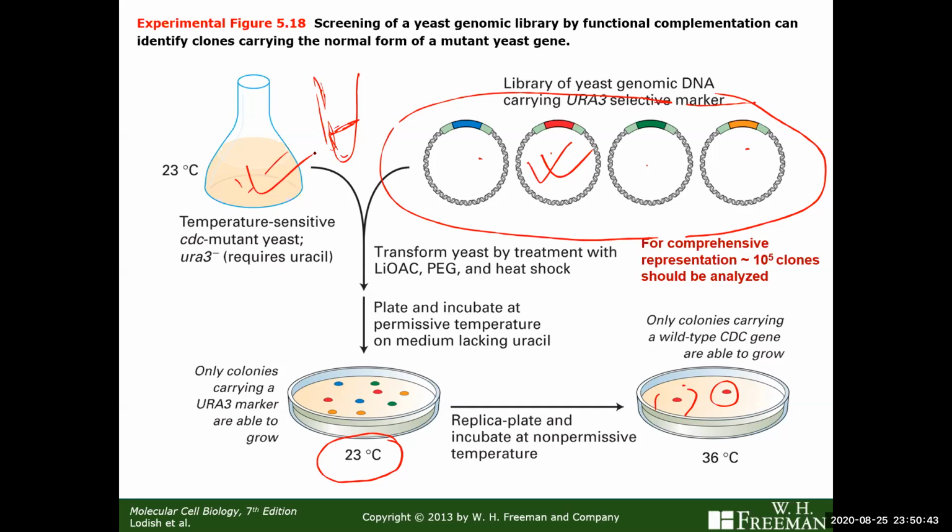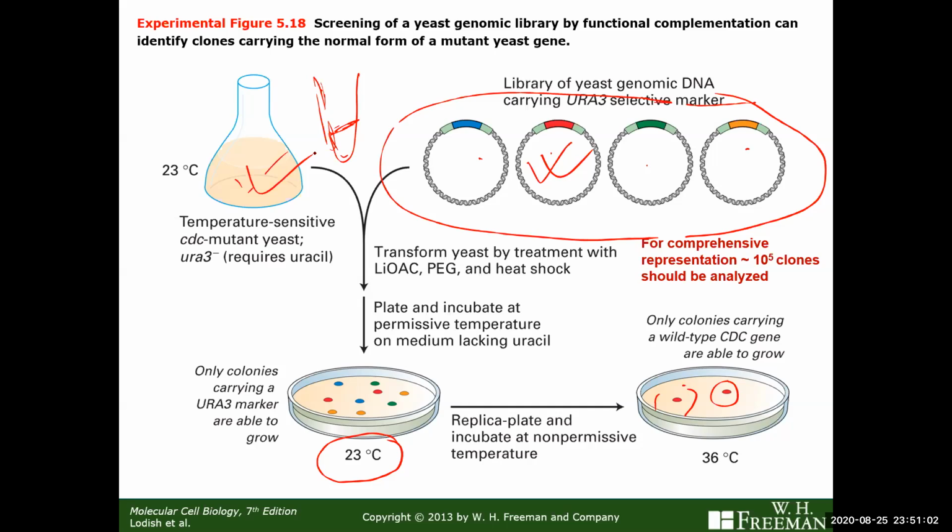Only one sequence change occurs in one yeast cell at a given point of time, and then you have millions of mutant yeast cells. You plate them on yeast medium, and then you grow them at 23 degrees centigrade.